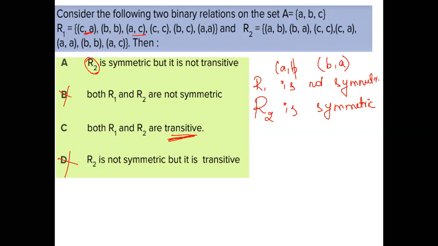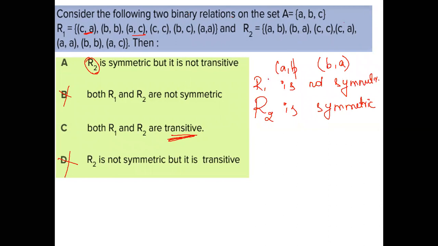So what about R2, whether it is transitive? No. Why is it not transitive? Atiya is telling me that R2 is not transitive. Can you find any example?